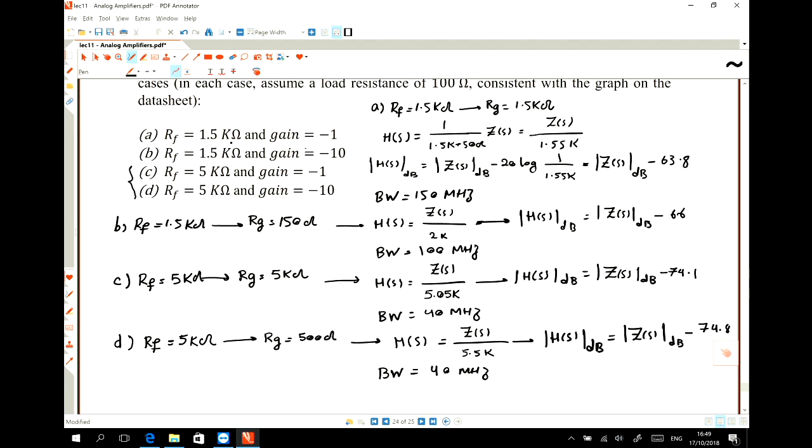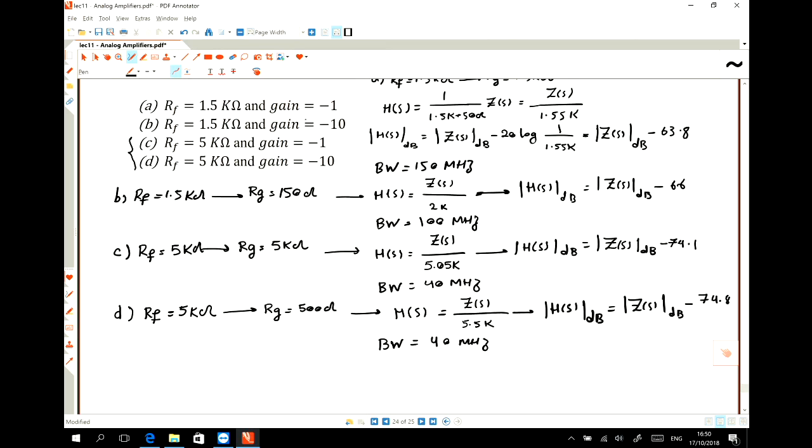If RF is low, then Rin is not negligible, and it has influence on the total bandwidth. So here the gain is -10, but for one of them the bandwidth is just 100 megahertz, and in this case the bandwidth is 40 megahertz.